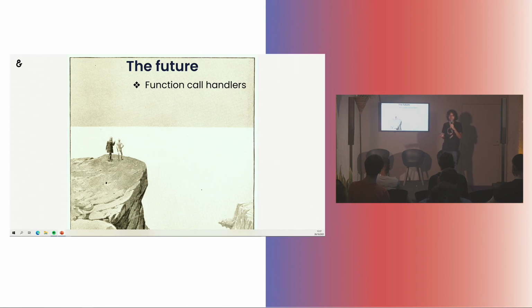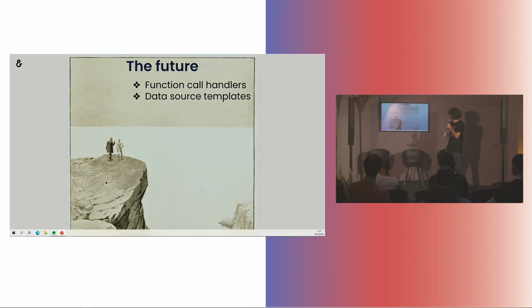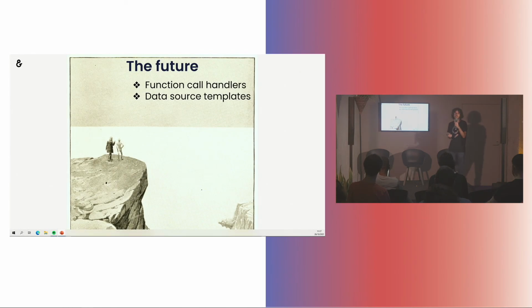If we could parse the function call arguments directly, that would save gas for dapps, so that's something we want to include. Data source templates: if you have a factory contract pattern where you don't know offhand which accounts exactly you want to track, or maybe you want to track an account and its sub-accounts, that's something we also see as an extension.